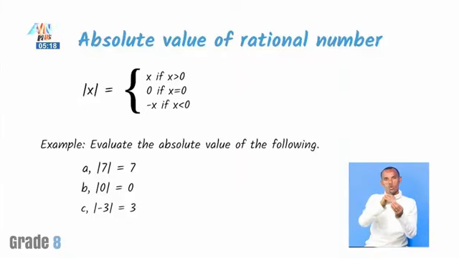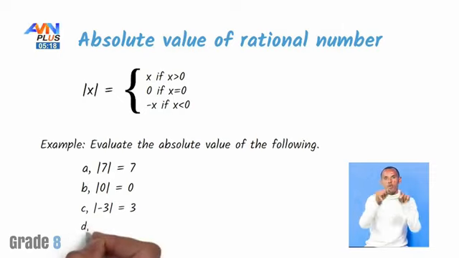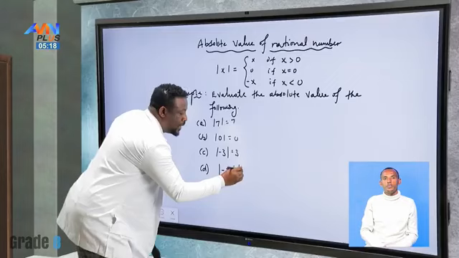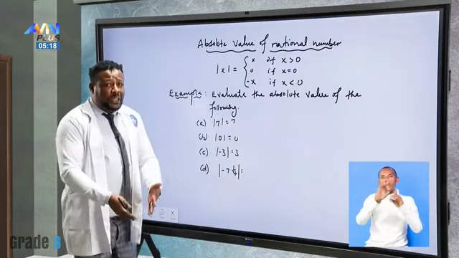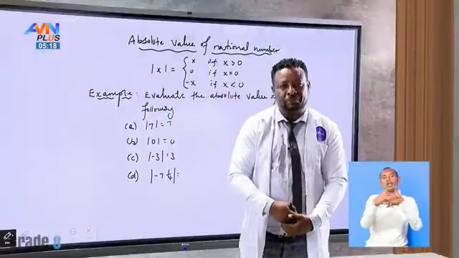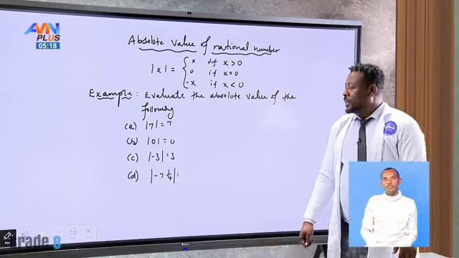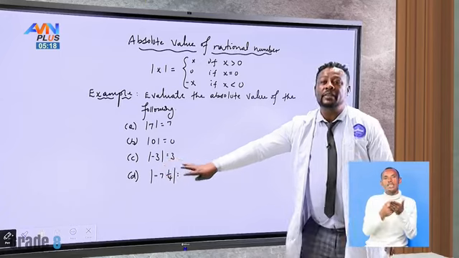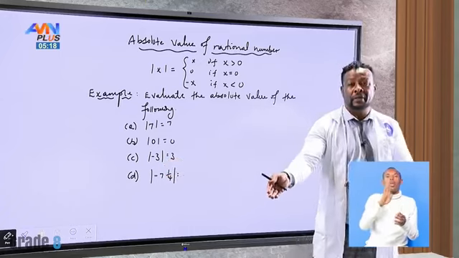You can also take this one, the absolute value of -7 and 1/4, okay? Students, what do you think the absolute value of this mixed fraction is? Based on the definition, the absolute value of this quantity should be positive, right?